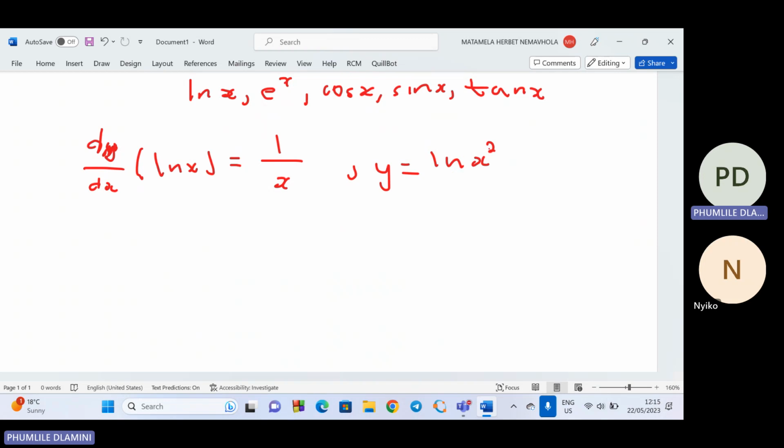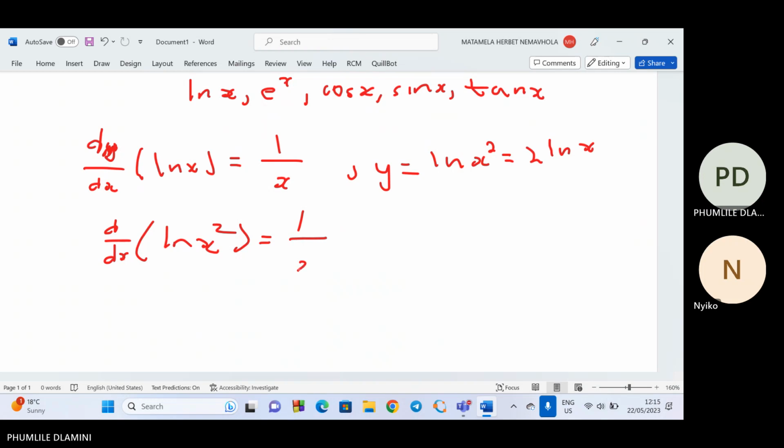Every time you see this, remember you can write it as 2 ln x. But even if we have to differentiate d over dx of ln x squared, this is going to be equal to 1 over x squared, then we differentiate what is inside.